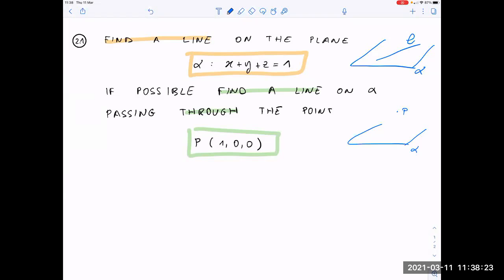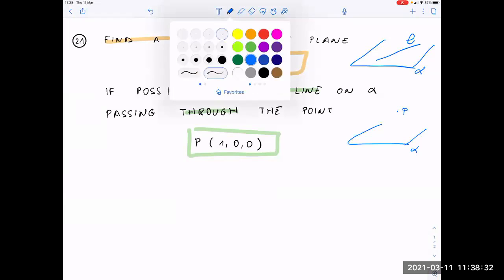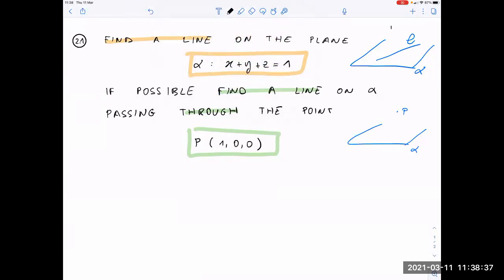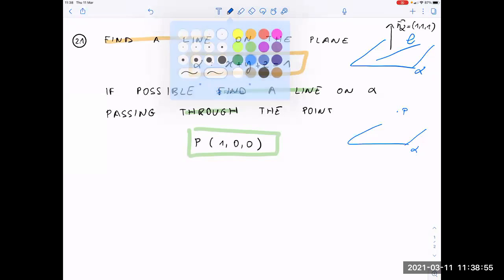Juan Carlos said, well, any line orthogonal to n equal 1, 1, 1. Why exactly that vector? Because the vector 1, 1, 1 is the normal vector of the plane. So it says any line orthogonal to that, but that is probably not completely true, right?